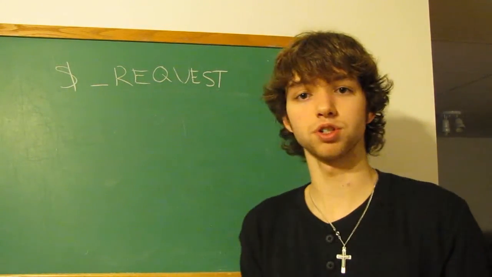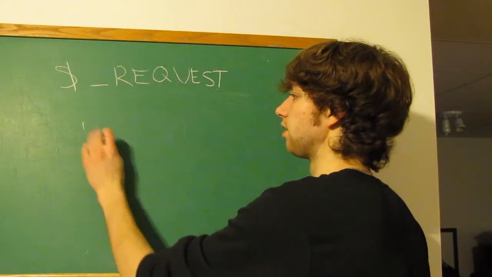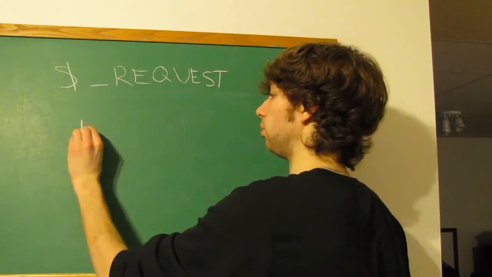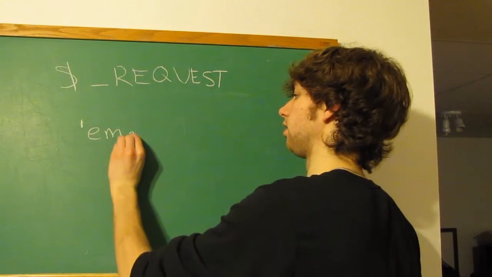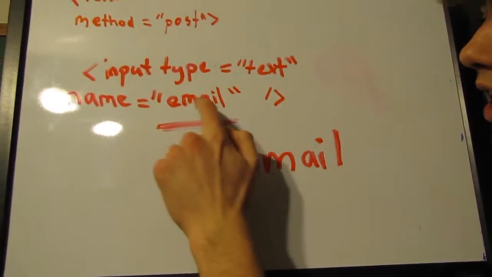So since it's an associative array, that means we have keys that are strings. So the key would have been email, right? And you can see that right here because the name is email. That is given as the key.